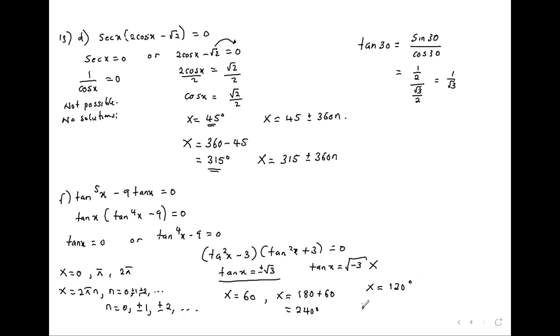In the fourth quadrant, 360 minus 60, 300. So you can just find within the first circle. If you want a variety of them, keep going around. Then that was DF.